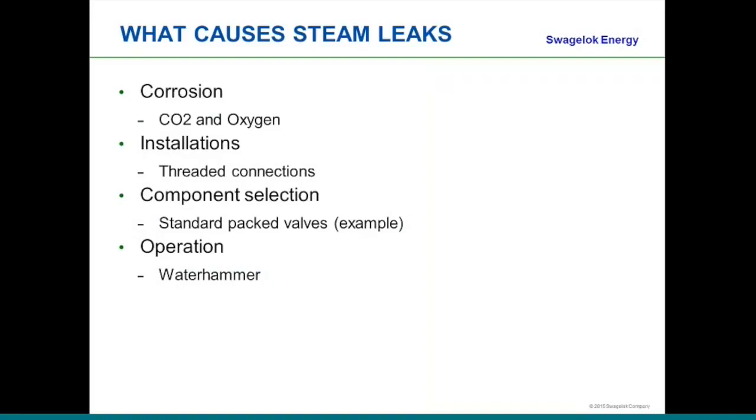One of the things you always have to ask yourself, what causes steam leakage? Number one, corrosion, CO2 or oxygen corrosion. And the thing about it is that in the steam system, we always blame CO2, carbonic acid, for causing all the leaks in the steam system. But don't forget about oxygen corrosion.